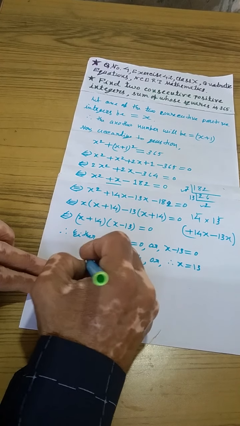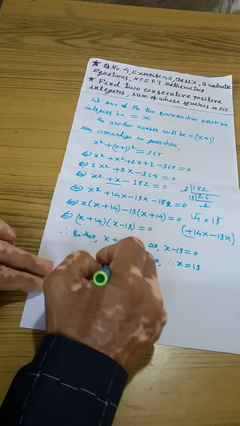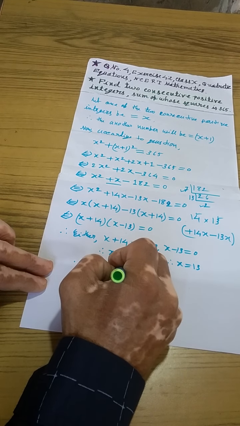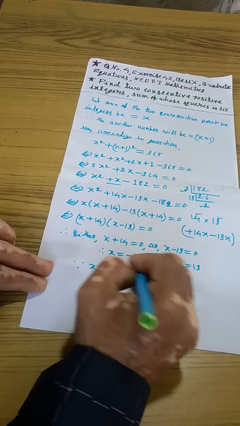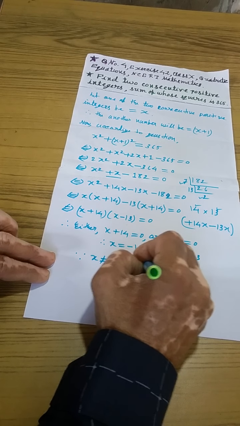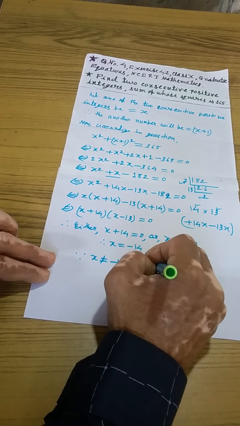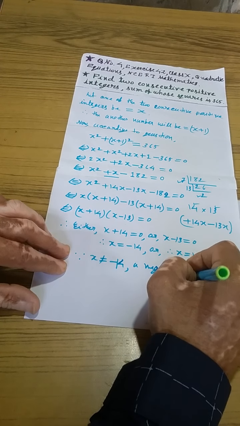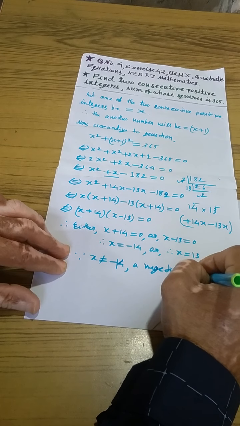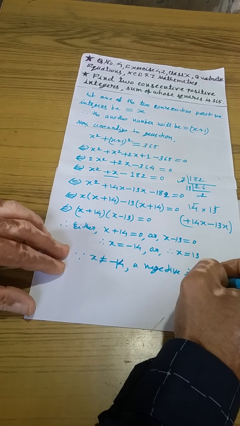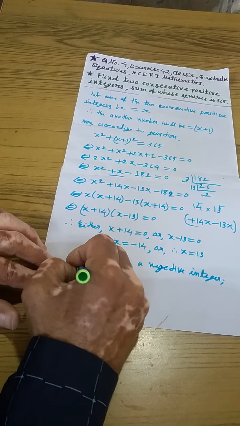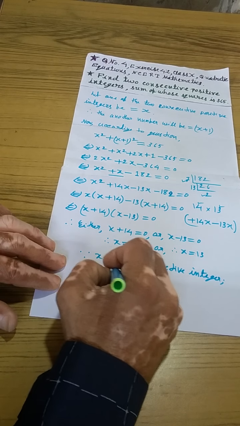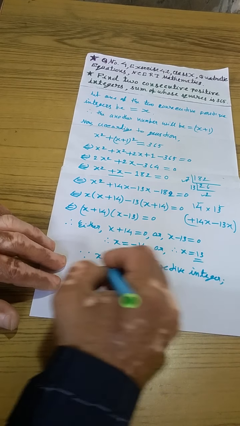After this, write in this way. Since x cannot be equal to minus 14, a negative integer, therefore x equal to 13.